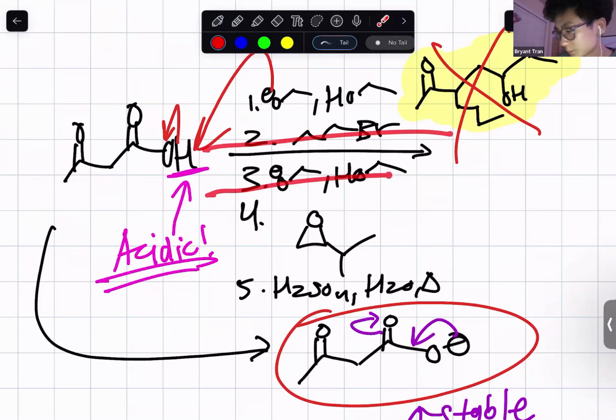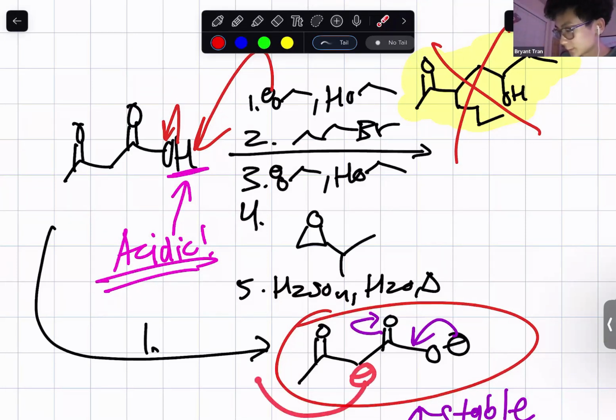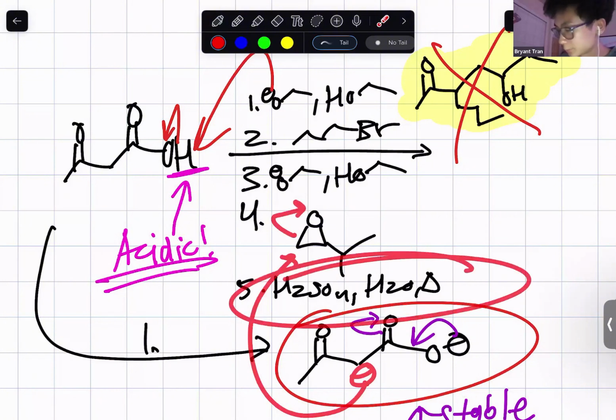The third step would probably deprotonate the alpha hydrogen to create negative charge there. But this is the answer after the first step here. You get that carboxylate. And then once you have that carboxylate there, you can attack this epoxide, open it up, and then you could protonate these and do decarboxylation after, probably.